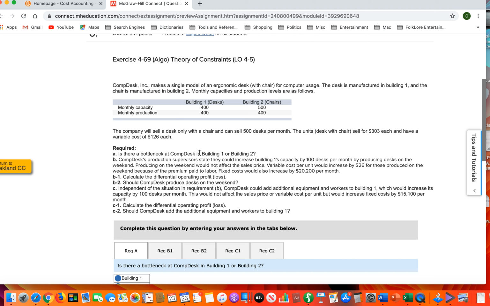So now it's $152 times 100, right? And then your contribution margin would be 30,300 minus 15,200. Contribution margin is 15,100. But your fixed costs will also increase by 20,200. So no, you would not do it.